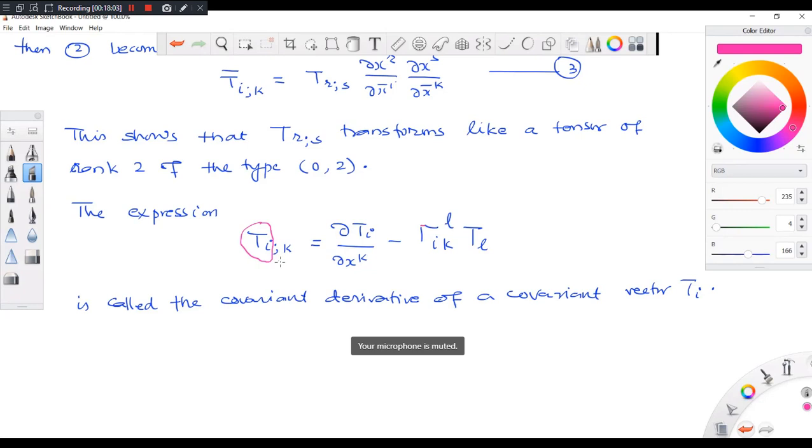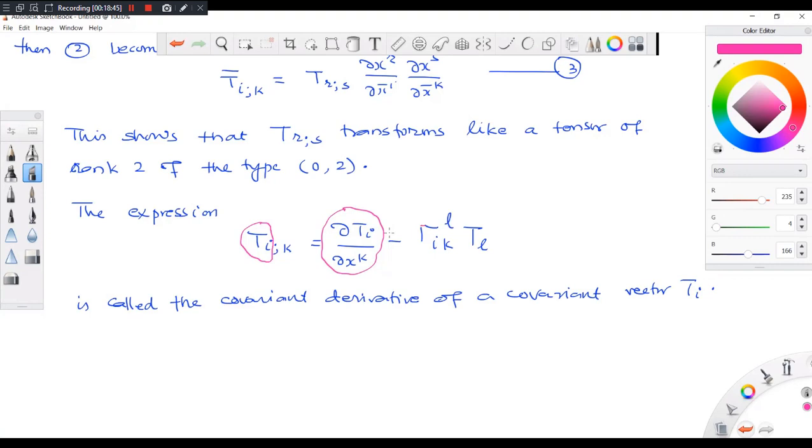Because when I change the coordinate system, this quantity is not changing. So it is transformed like a tensor. Okay, so this is actually equal to the usual partial derivative minus this kind of thing. So this is different from our usual partial derivative. Your usual derivative is not invariant under coordinate transformation, but your covariant derivative is invariant under coordinate transformation.